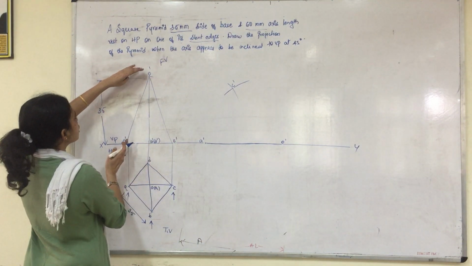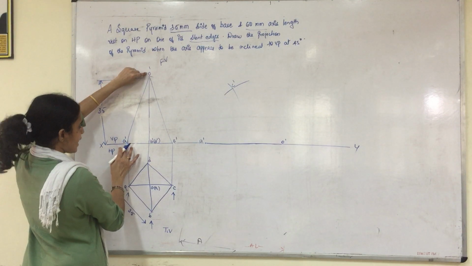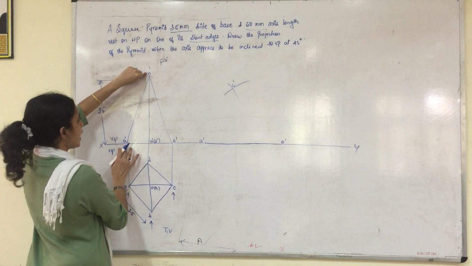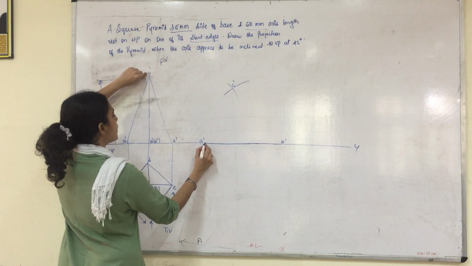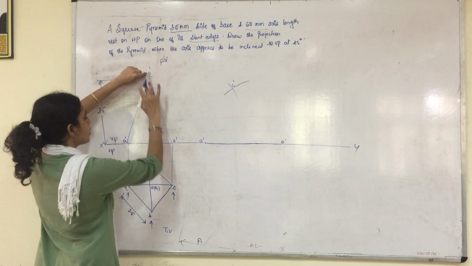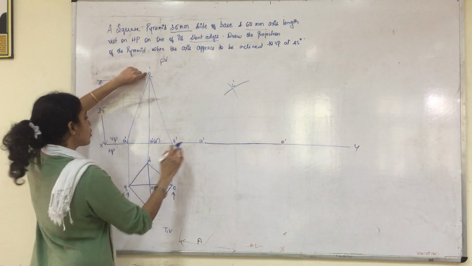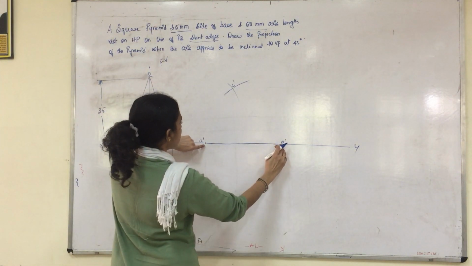Right? So once this is done, I'll repeat. For the slant edge, you will select either O dash and C dash or O dash and A dash. Once you select which slant edge you are resting on HP, you will leave some space and fix one particular point. I am fixing A dash because I am replacing A dash O dash on the XY line. After you fix A dash, you measure this distance and make a reference point.